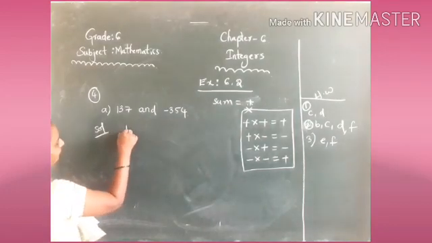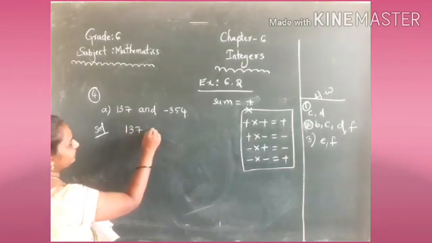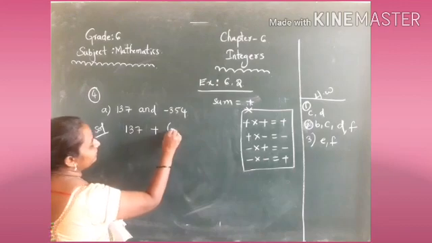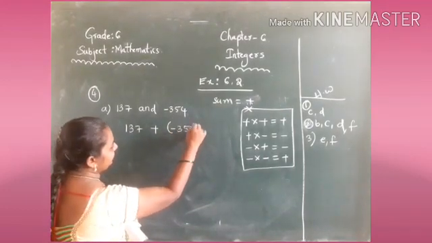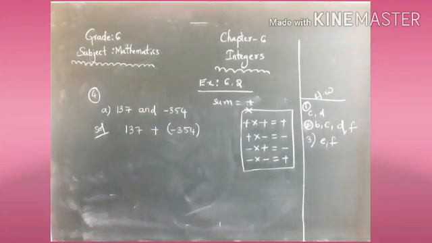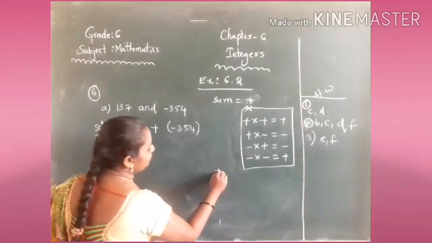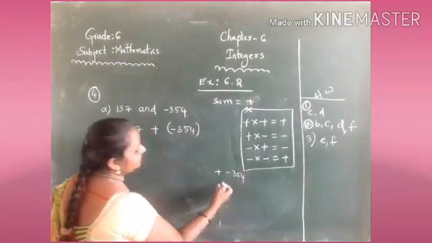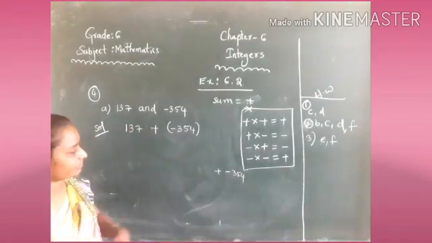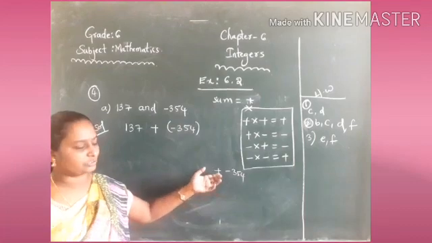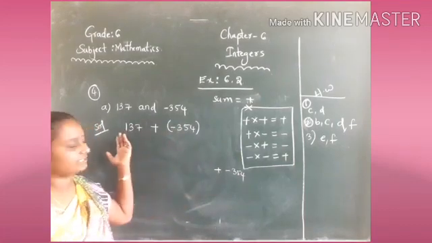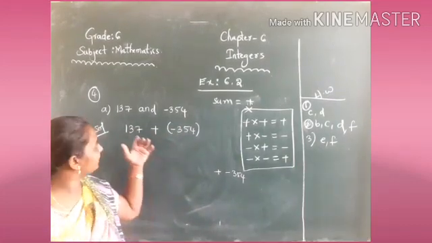So here 137 plus. So here it is negative. So that's why you have to keep this integer in the bracket. Okay? So why? Because if plus minus like this, does it give meaning? No. So it is very difficult to subtract or add from the negative from any integer.